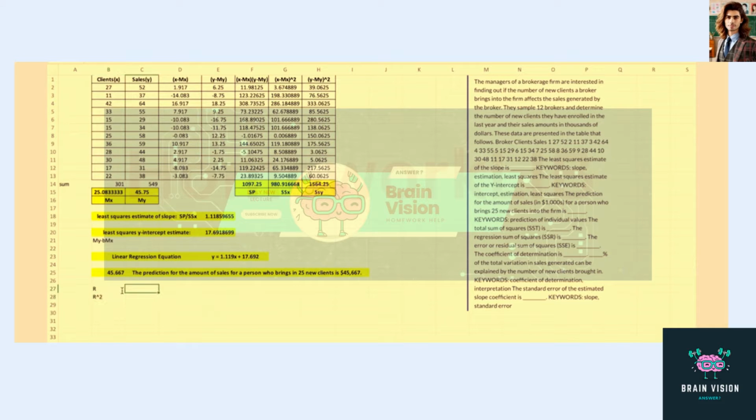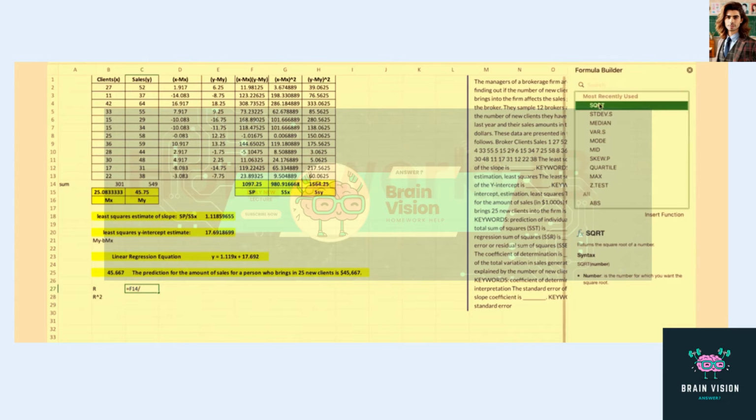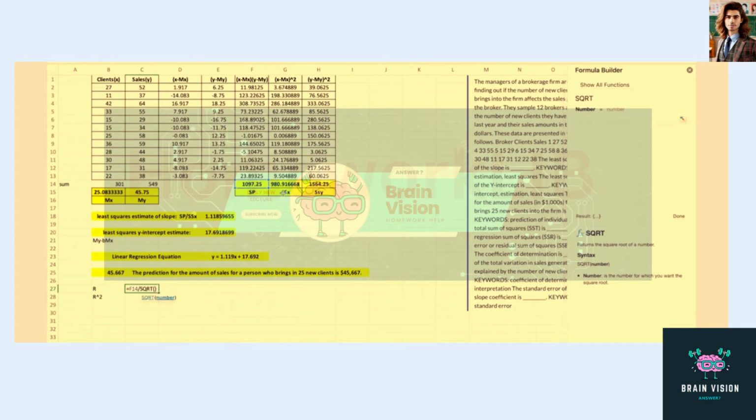For the correlation coefficient, you're going to take the sum of the products and divide that by the square root of the sum of the squares of x times the sum of the squares of y.